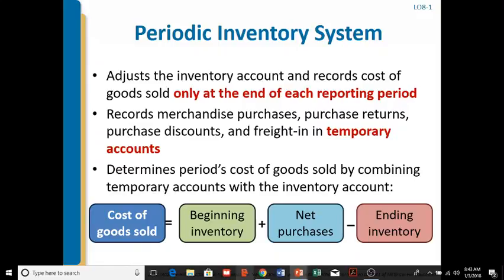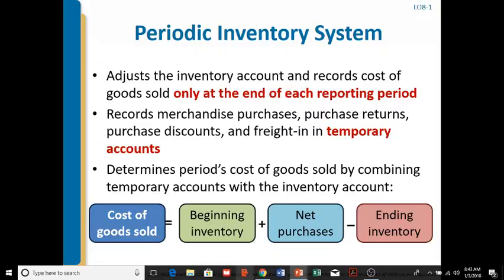The inventory that's still there is assumed to be not sold, right? Or put another way, the items that aren't there are assumed to be sold. And so your items that remain are part of the ending inventory. And so beginning inventory plus net purchases minus the ending inventory account done at the end of the year equals cost of goods sold.